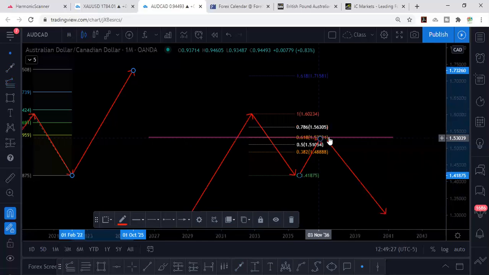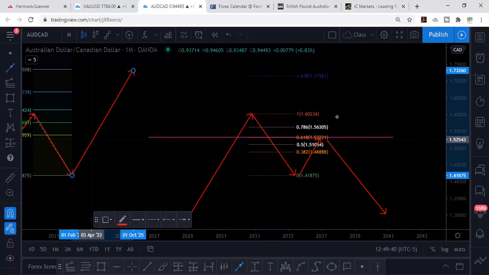Now, it can, however, be a continuation of this downward trend. It may not want to break even, it may want to go back down from here. Or, indeed, the move may happen.